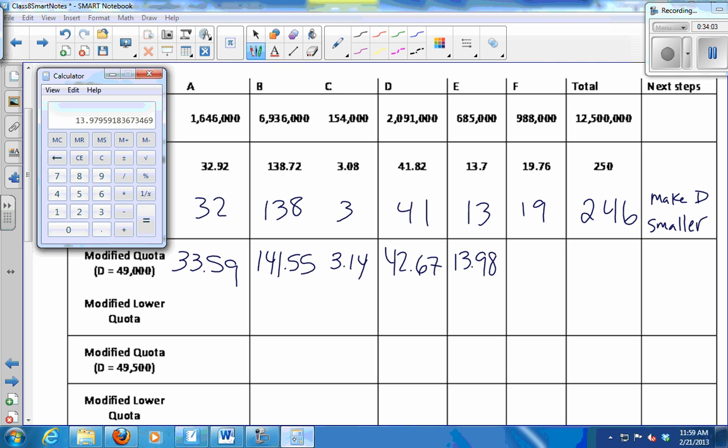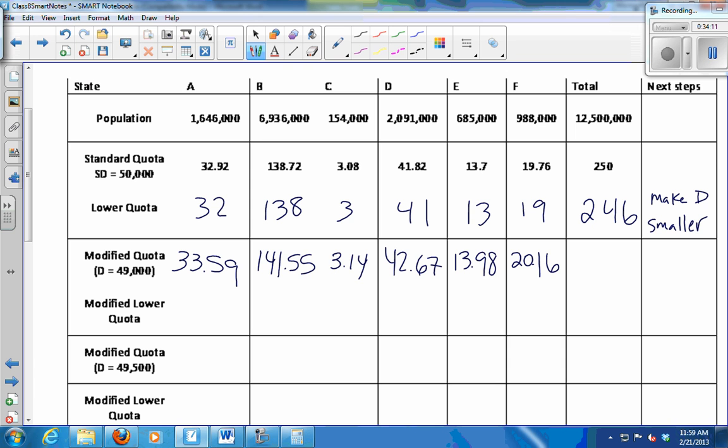And one more. 20.16. Okay, so then we round everything down to get the modified lower quota. We get 33, 141, 3, 42, 13, 20.